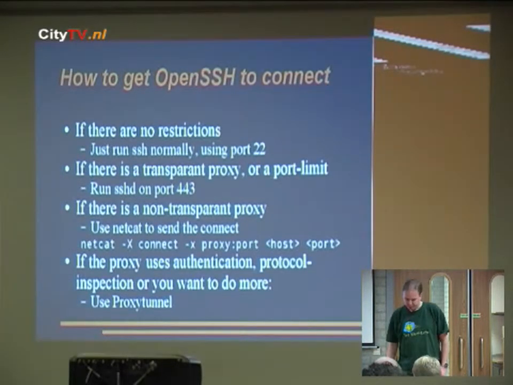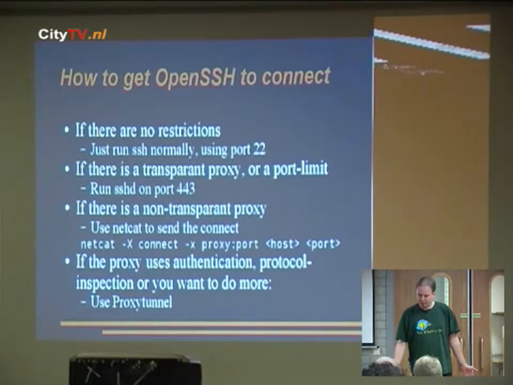So yeah, how do you get OpenSSH to connect to the internet? Well, if there are no restrictions, like at home or on an ISP or Wi-Fi, just use SSH normally, connect to a system somewhere.